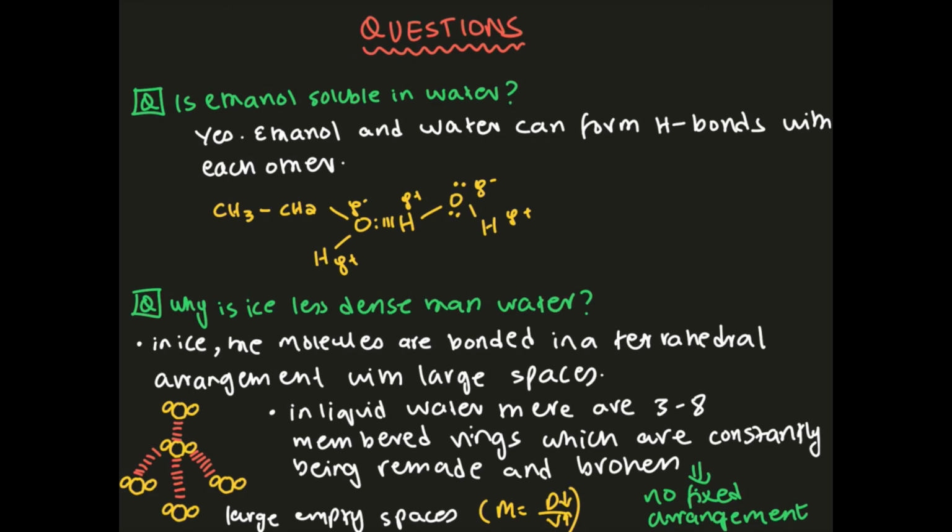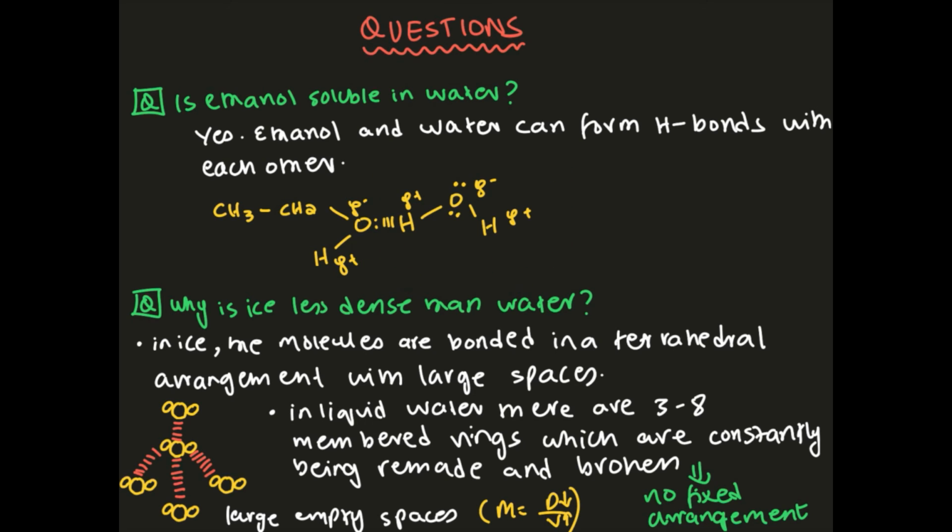Now we're going to look at 2 important questions. The first one is, is ethanol soluble in water? So ethanol is soluble in water because ethanol and water can both form hydrogen bonds with each other. So if you have any 2 molecules that can both exhibit hydrogen bonding, they will be soluble in each other because they can form hydrogen bonds with each other. So now let's look at how this happens. So over here, this is a molecule of ethanol and this is a molecule of water.